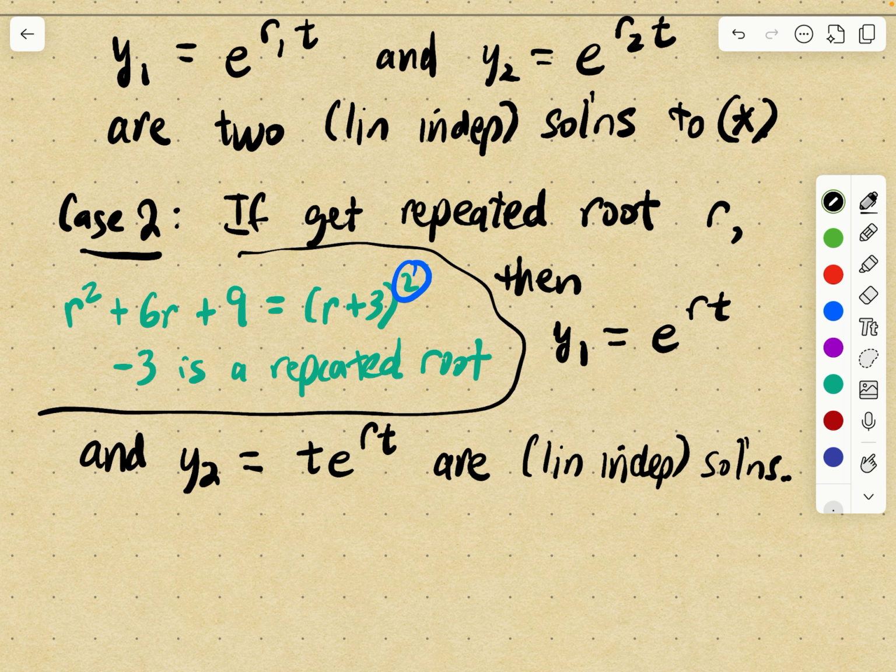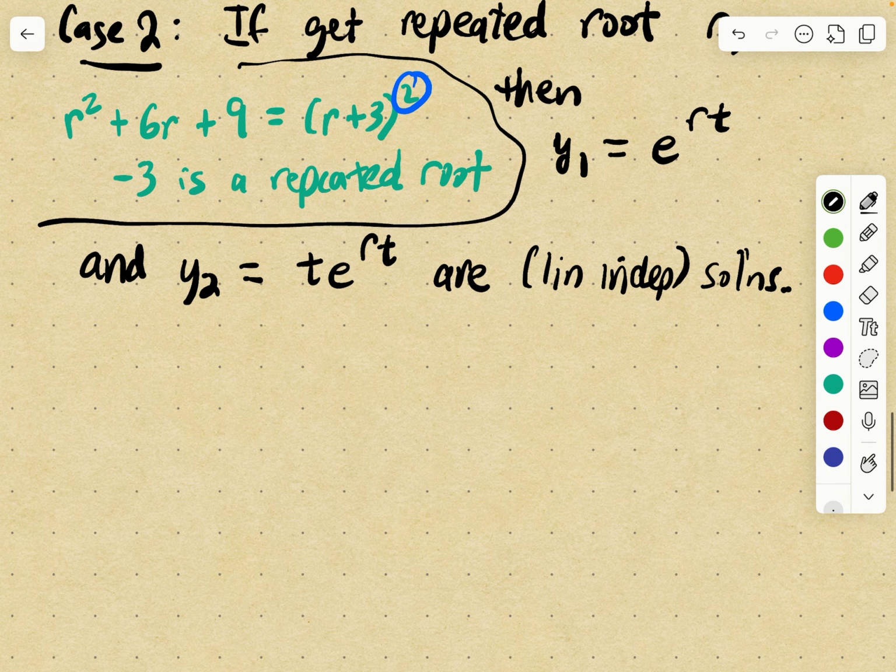Notice that I don't have a subscript for the r for case 2 because I have just this one repeated root. So it's not like I have to call my roots different names, like r1 and r2. It's the same r.